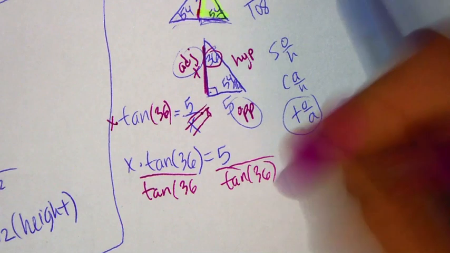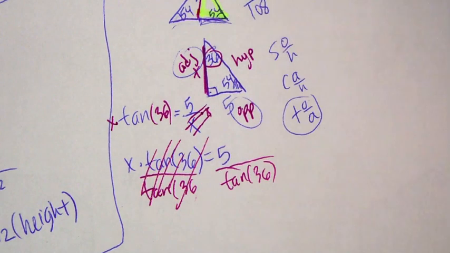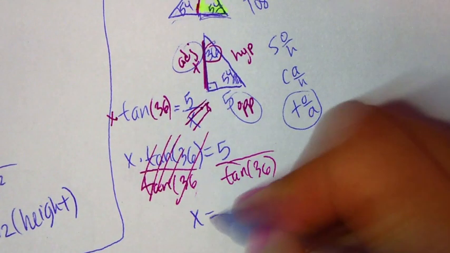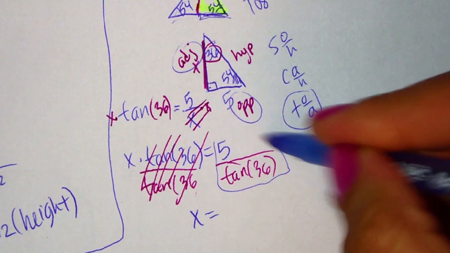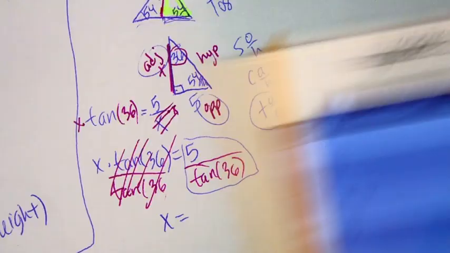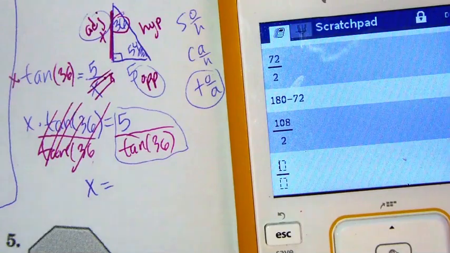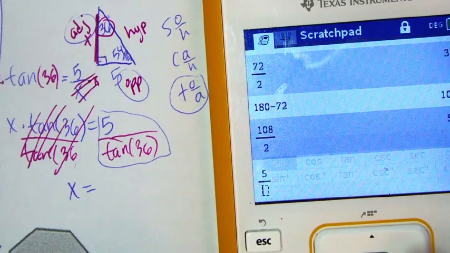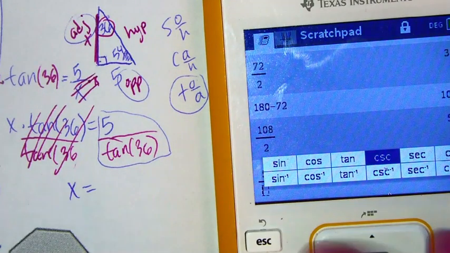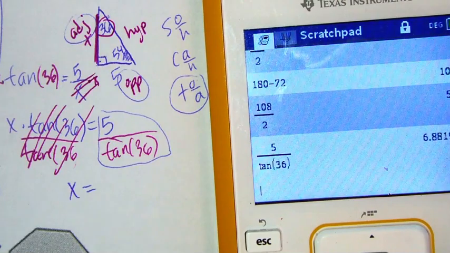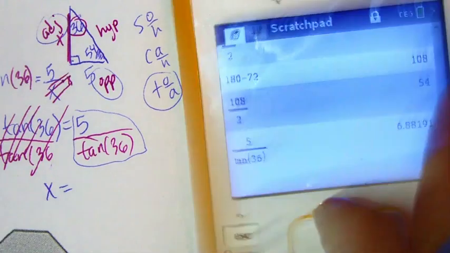So that means this is now gone. And in our calculator, we're going to type 5 divided by the tangent of 36, and that should give us what our X value is. So 5 divided by the tangent of 36, and it's 6.88.